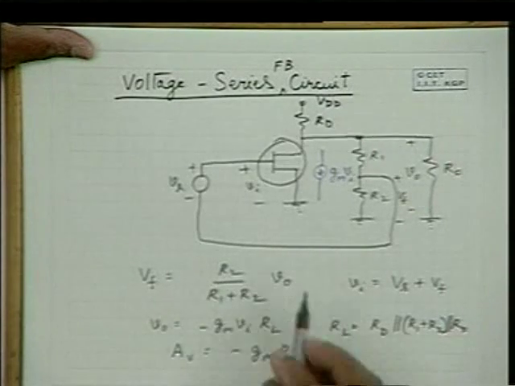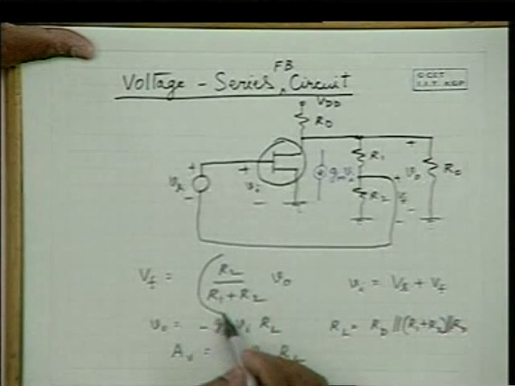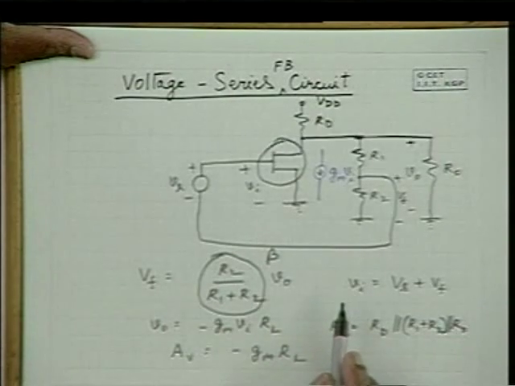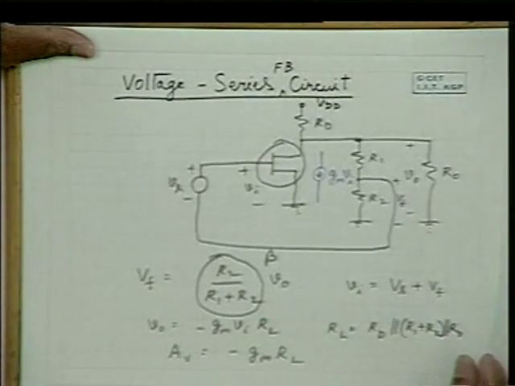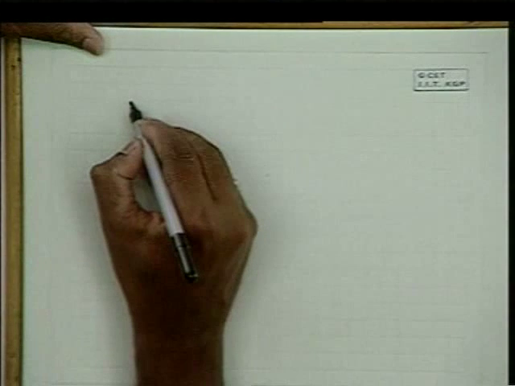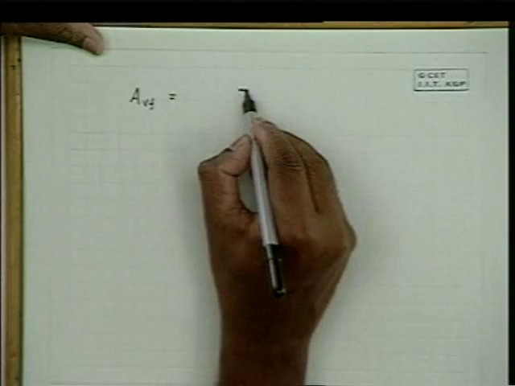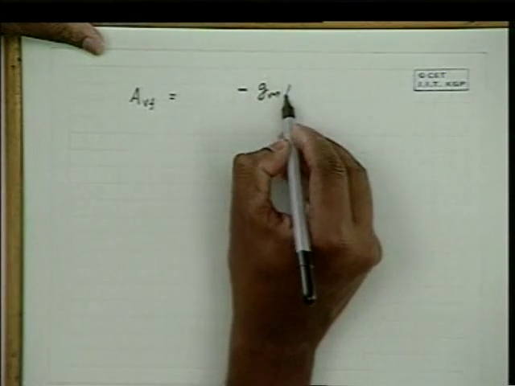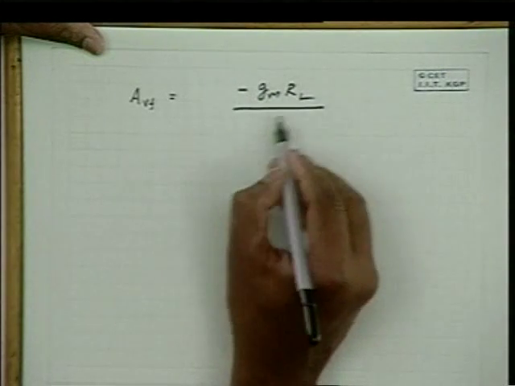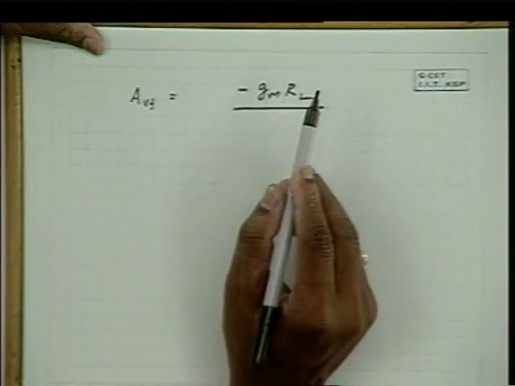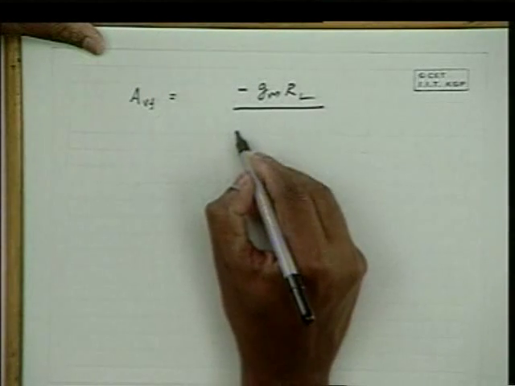And this is the feedback factor, beta. Hence, the voltage gain in this case is equal to minus Gm RL by 1 minus A beta, because the feedback is adding to the input signal.